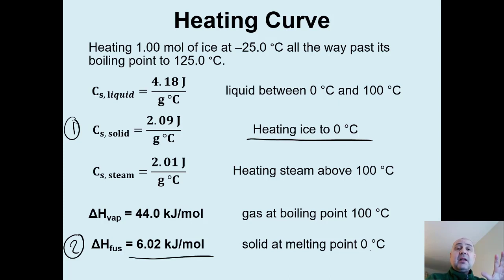And once it's melted and everything is a liquid, then you are going to use the specific heat, which is 4.18, and then you're going to be boiling, that's segment 4, and once you've turned all of the liquid into steam, you are going to be heating the steam from 100 to 125. So those are the constants that you will be using.